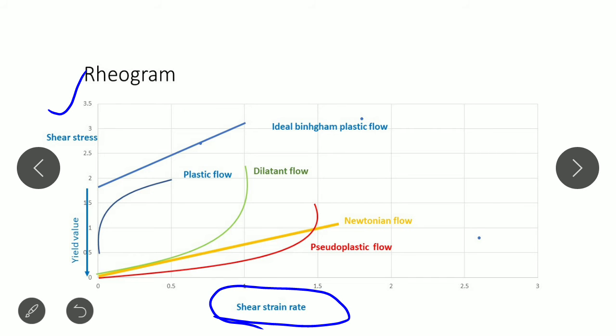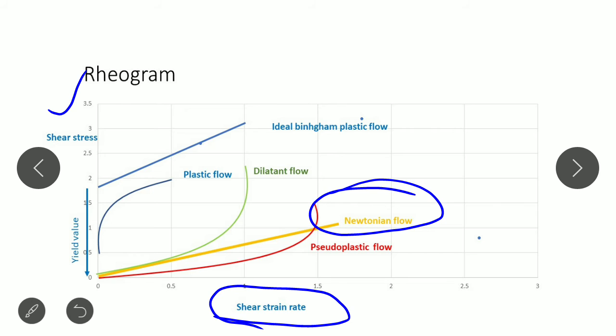If we talk about the different types, let's have a look at Newtonian flow first. Those liquids that can be pure chemicals or low molecular weight compound solutions directly follow Newton's law of viscosity.